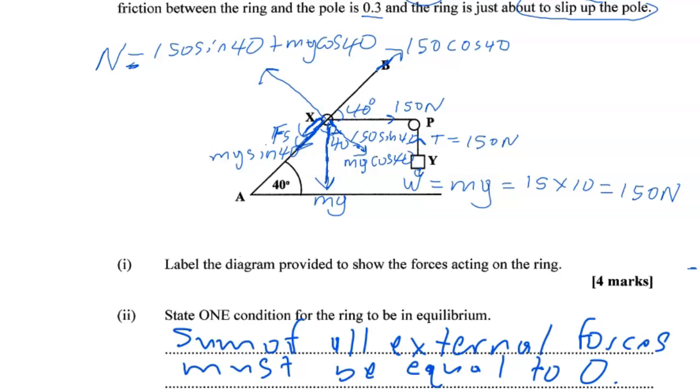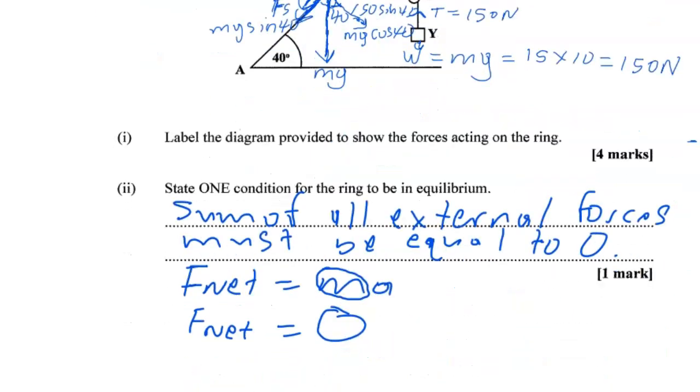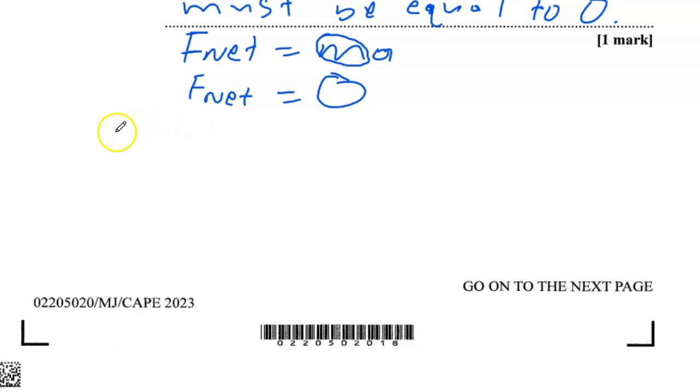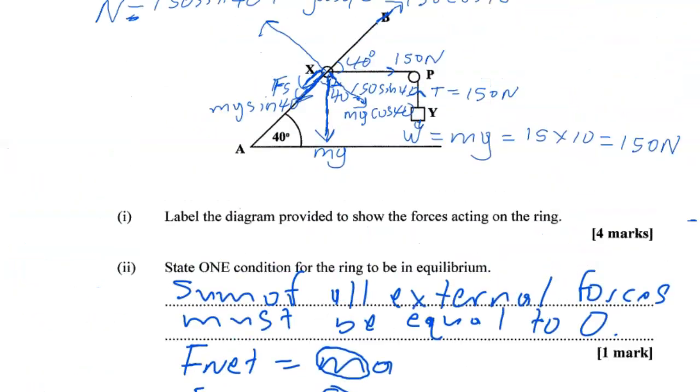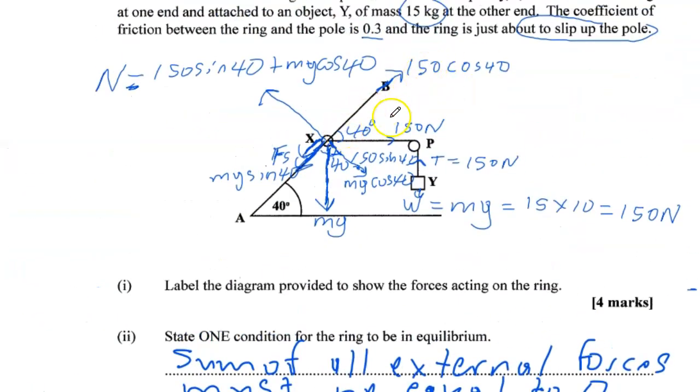So we have 150 cos 40 going up from the tension there, and going down in the other direction will be friction and mg sine 40. So we're subtracting from that.